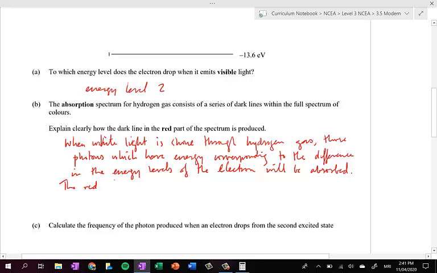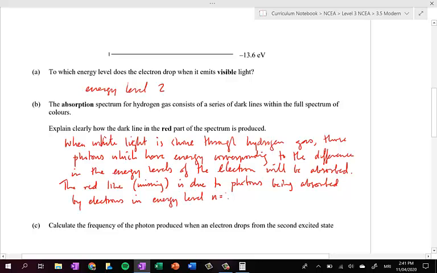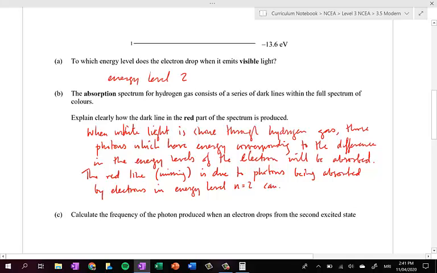The red line that's missing is due to photons being absorbed by electrons in energy level n equals 2, causing the electron to jump to energy level 3.